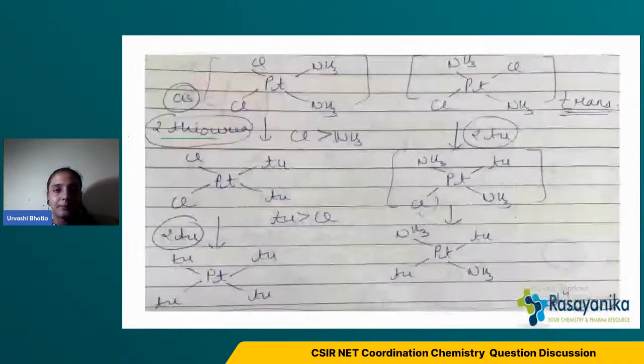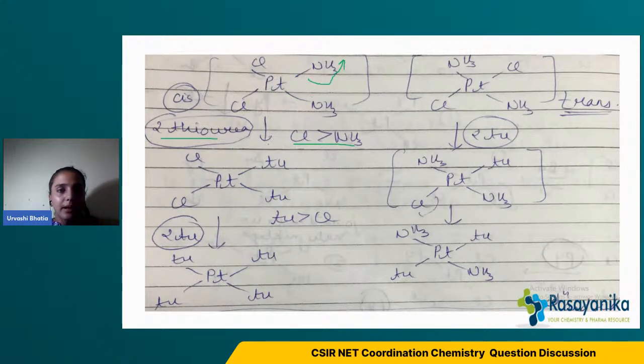As mentioned in that slide, the trans effect of Cl is greater than ammonia. So this Cl is going to kick off this ammonia, and this Cl is going to remove this ammonia. So we get two thiourea substituted for the NH3.